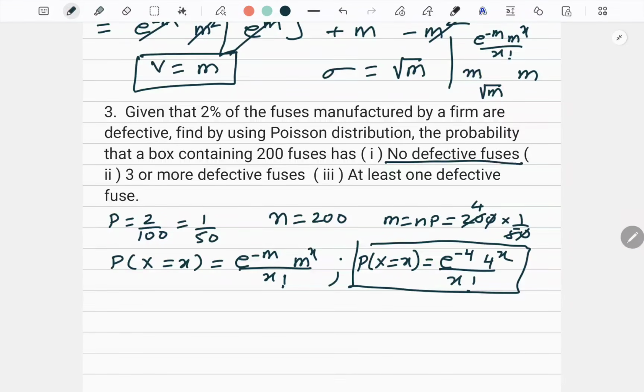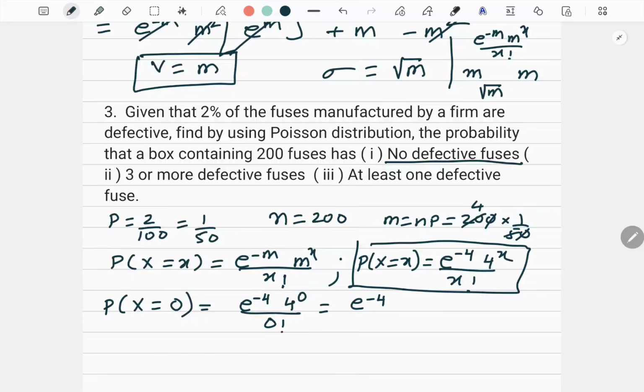Now, what is the first part? No defective fuses. No defective fuses means probability for x is equal to 0. Right? So e to the power minus 4, 4 to the power 0 upon 0 factorial. Anything to the power 0 is 1. 0 factorial is also 1. So my answer is e to the power minus 4.